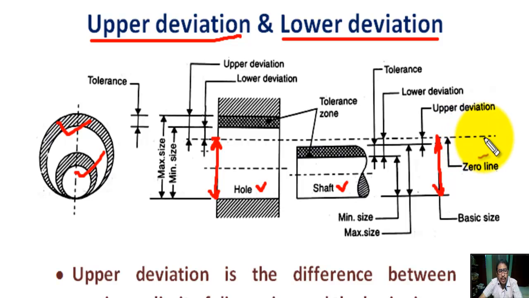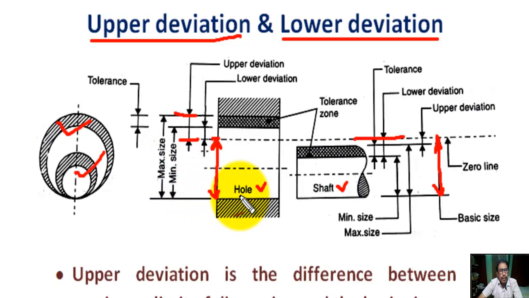This is the zero line. Zero line is the same for hole and shaft. This is the maximum size for hole. This is the minimum size for hole.